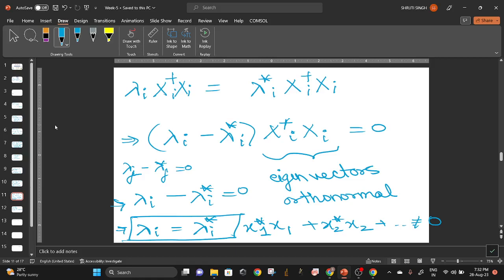Like first excited state is 1 2, then 2 1, both are degenerate. But those are eigenstates. Eigenstates will be different, but the eigenvalues will be the same.